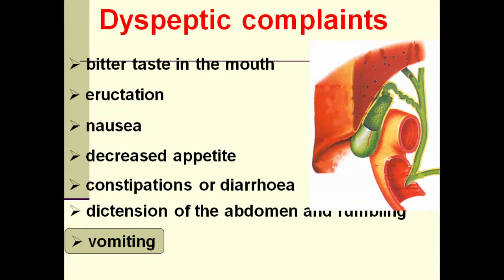And I give the next problem, vomiting, and you see I separate it from other problems because vomiting of a patient with gallbladder diseases hasn't a dyspeptic origin. It doesn't appear due to disordered digestion. Vomiting as a sign of dyspepsia may be characteristic only for stomach pathology.